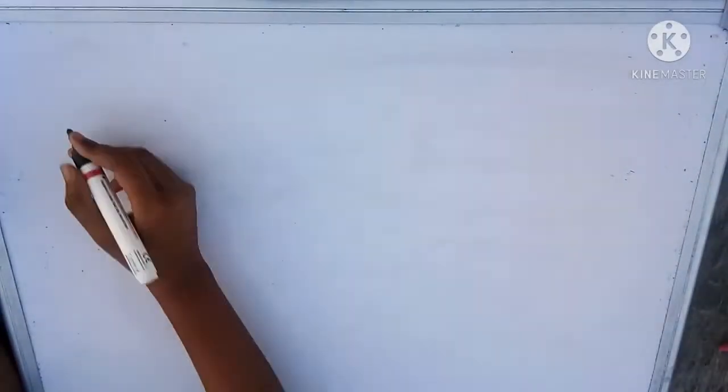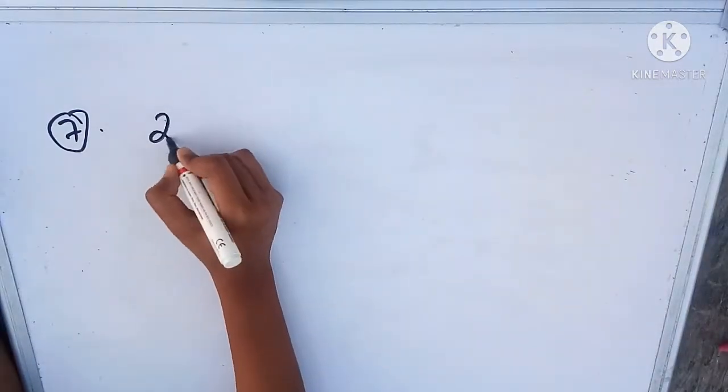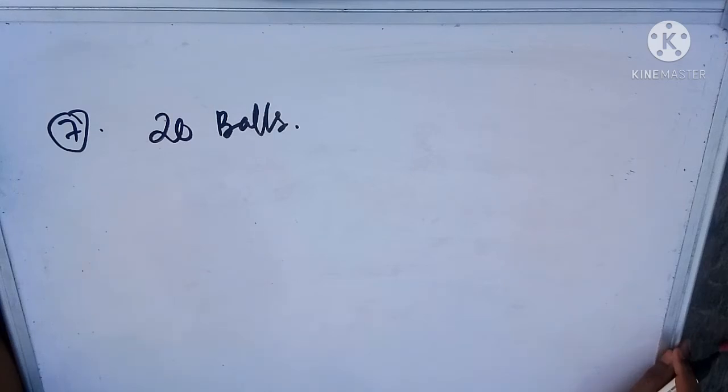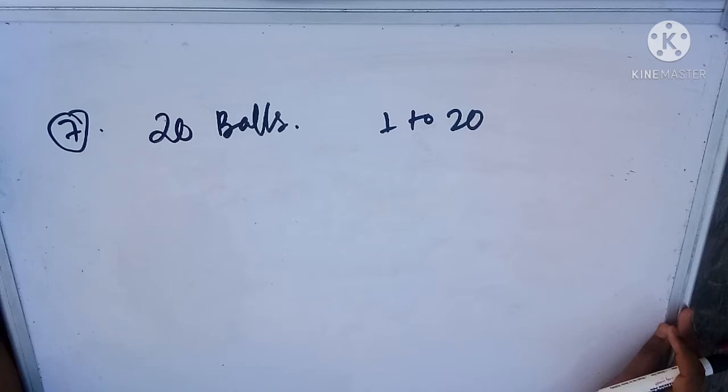it says that there are 20 balls. The balls are numbered consecutively starting from any one of the numbers from 1 to 20. For any case, the sum of the numbers on all the balls will be what?